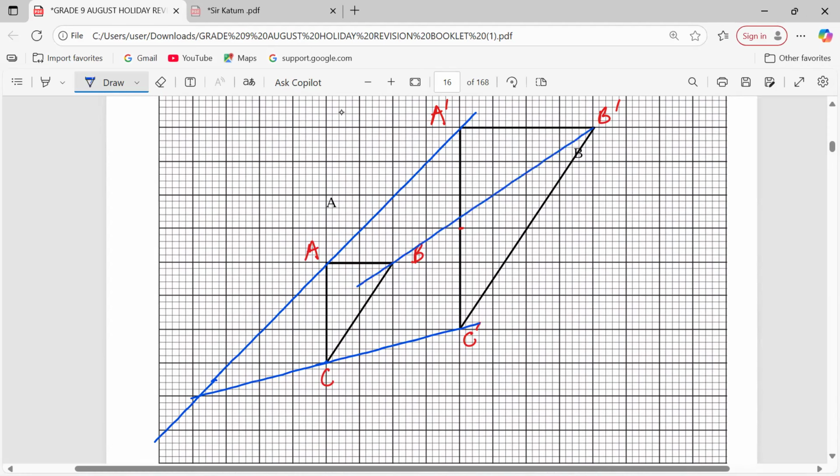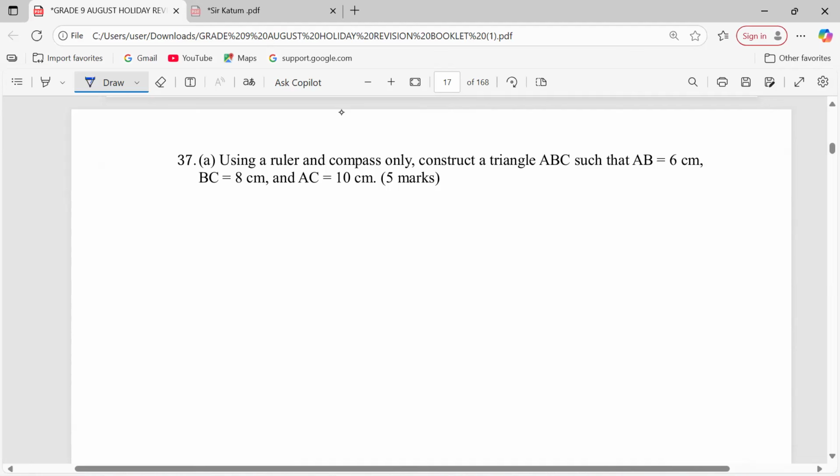Using a ruler and a pair of compasses only, what are we told to do? We are advised to construct a triangle. We construct a triangle which is AB 6 centimeters, then BC 8, and AC 10.